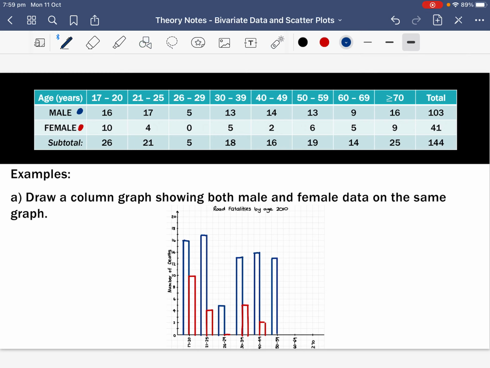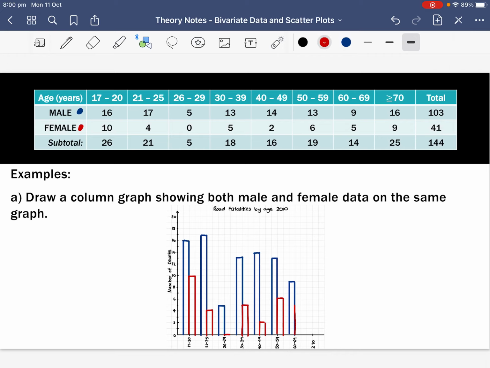And for females, for 50 to 59 is 6. Then for males, 60 to 69 is 9. And females is 5.